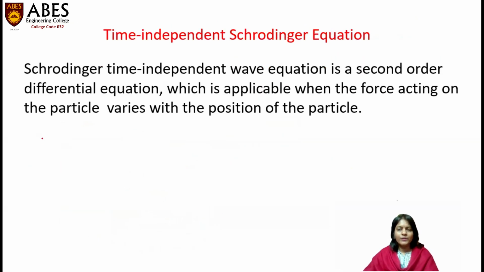Now I am going to discuss the time independent Schrodinger equation. The Schrodinger time independent wave equation is a second order differential equation which is applicable when the force acting on the particle varies with the position of the particle.